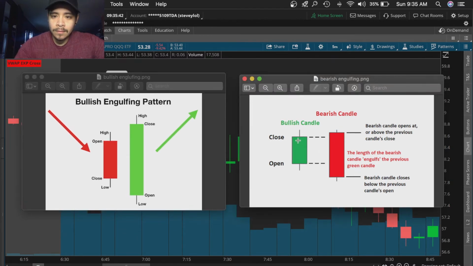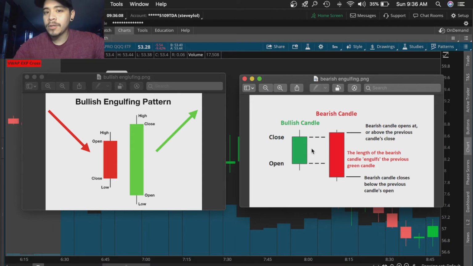Bearish. This green candle fits right inside of the red candle. You can read the description right here. I don't want to go into it. Pretty much, the body will fit inside of this red candle, meaning the sellers. Sellers are people that push price down.